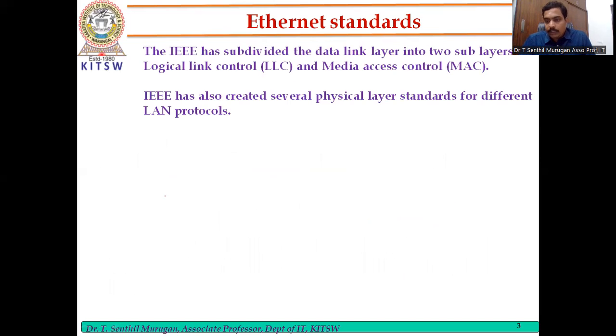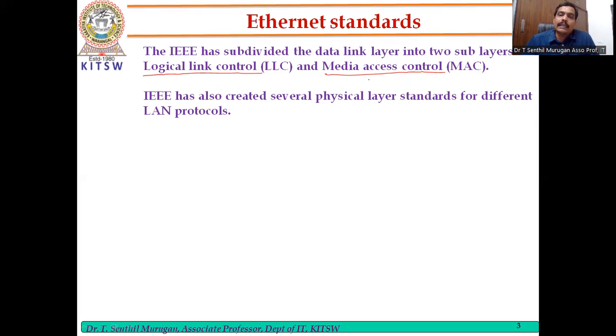But IEEE subdivided the data link layer into two layers. What are the layers? One is the logical link control layer, which is responsible for controlling the data, and the other is the medium access control layer, the MAC layer.